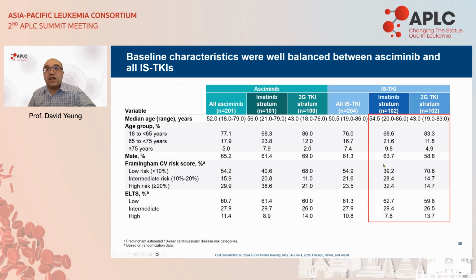And down here, the Framingham cardiovascular risk score shows that second generation TKIs are reserved for patients who are mainly low risk, compared to imatinib used for patients with high risk. So I think this is gratifying because it tells me that hematologists around the world are pretty uniform in their practice.